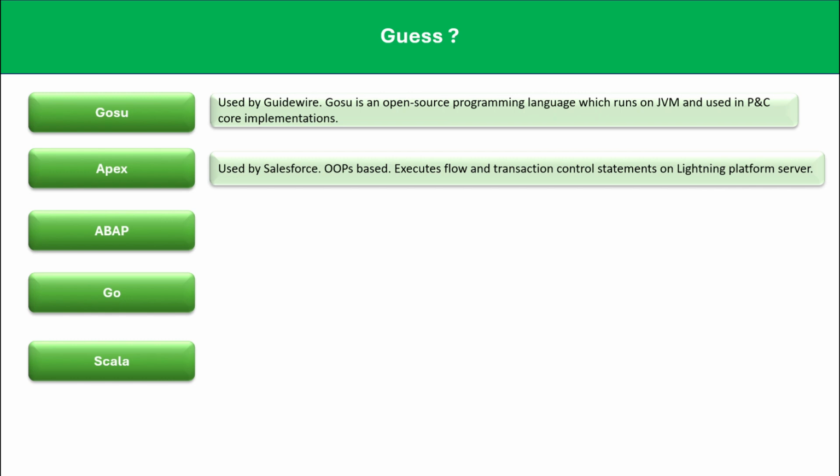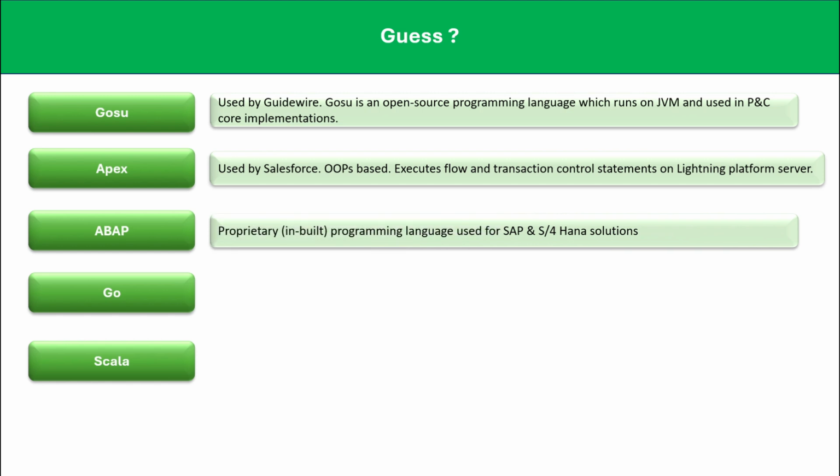And talking about ABAP, you would have heard about it. It's a proprietary programming language, ABAP, and SAP, who are a very popular leader in developing enterprise resource planning based solutions.